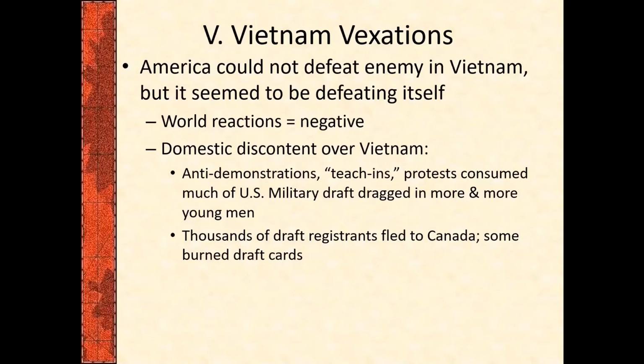You've got a protest of the U.S. military draft that's pulling in more and more unwilling participants in this conflict. And so you have thousands and thousands of draft registrants fleeing to Canada, others burning draft cards. If you know who Muhammad Ali is, he was Cassius Clay at the time, but he was a boxer, heavyweight title holder, probably the most famous of these draft registrants to flee to Canada.